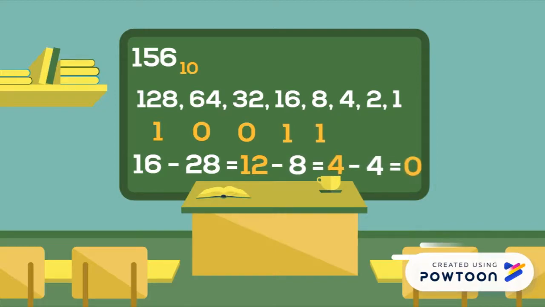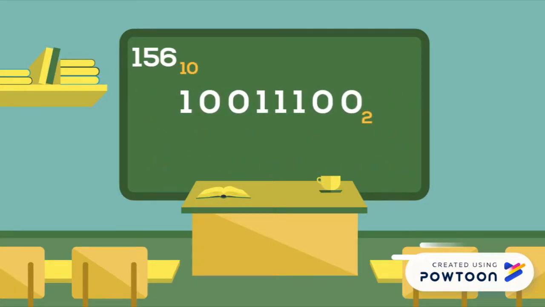And 4 minus 4 is equal to 0. So that leaves the last two numbers, 2 and 1, to be 0. So the answer is 10011100 to the base of 2. That's the equivalent of 156 base 10 to binary.